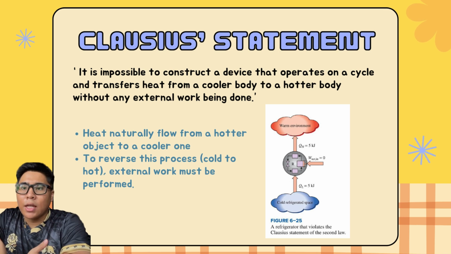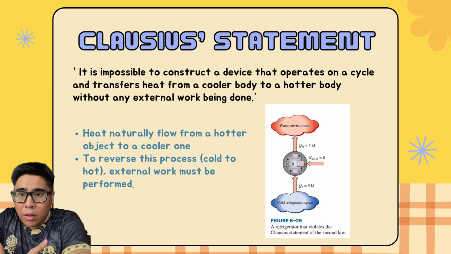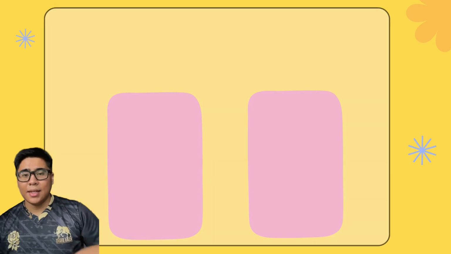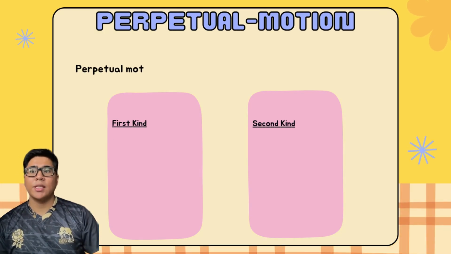To reverse this process, so that heat flows from cold to hot, external work must be performed by using a refrigerator or heat pump. Here you can see figure 6-5, a refrigerator that violates the Clausius statement of the second law.